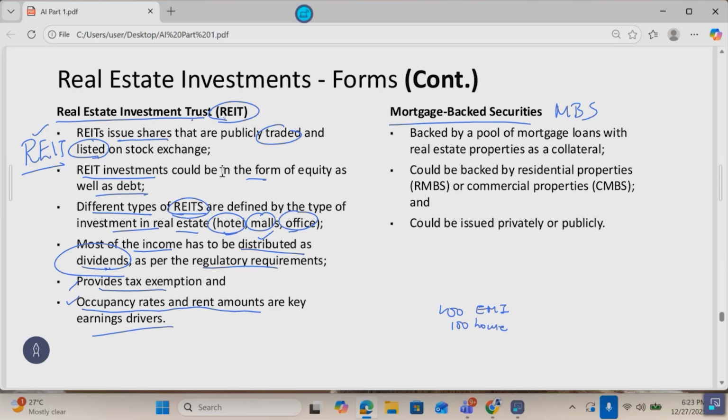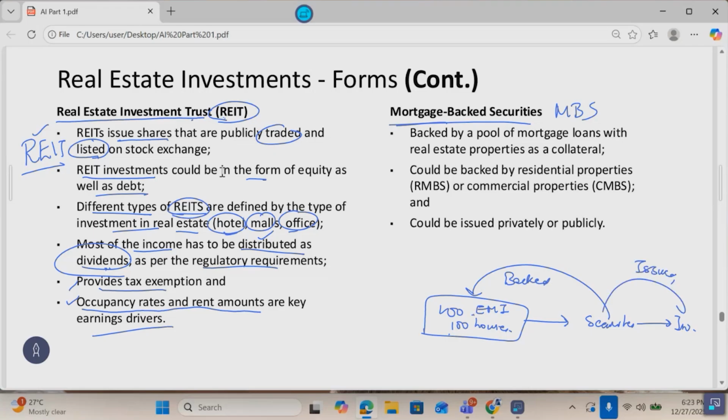So these houses are mortgage-backed. Against these mortgages, I will issue securities, and these securities are issued to investors. These securities are backed by these mortgages and issued to the investors. This is called mortgage-backed securities.